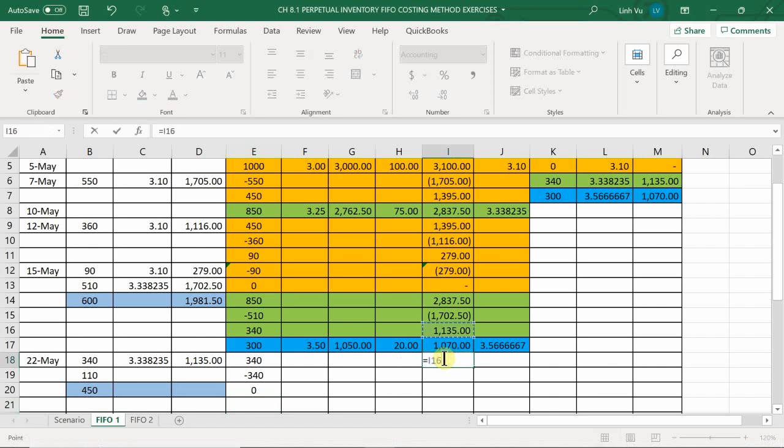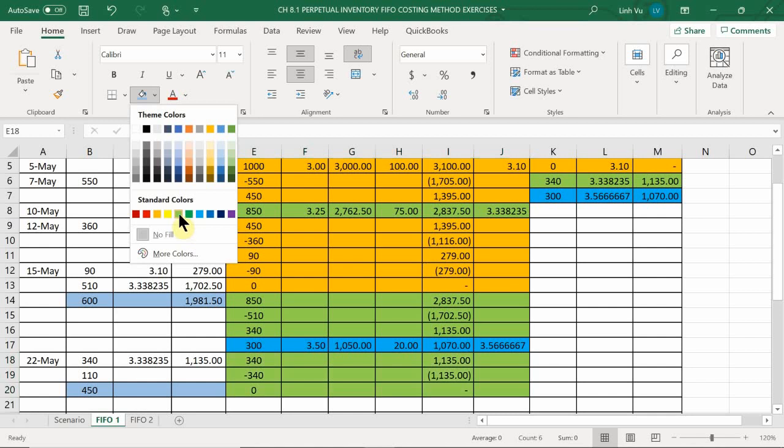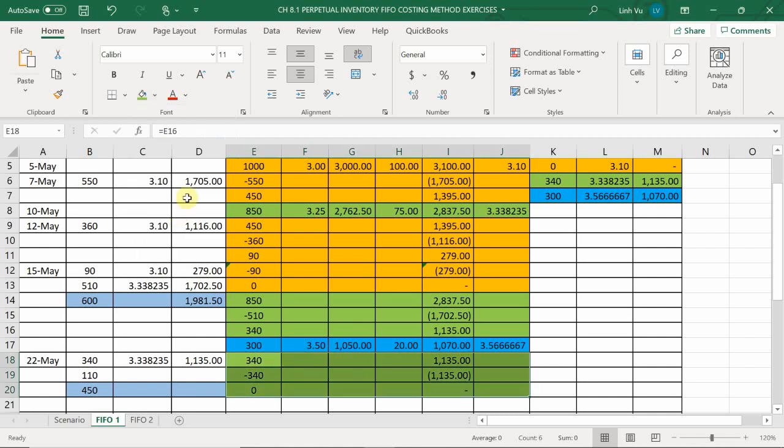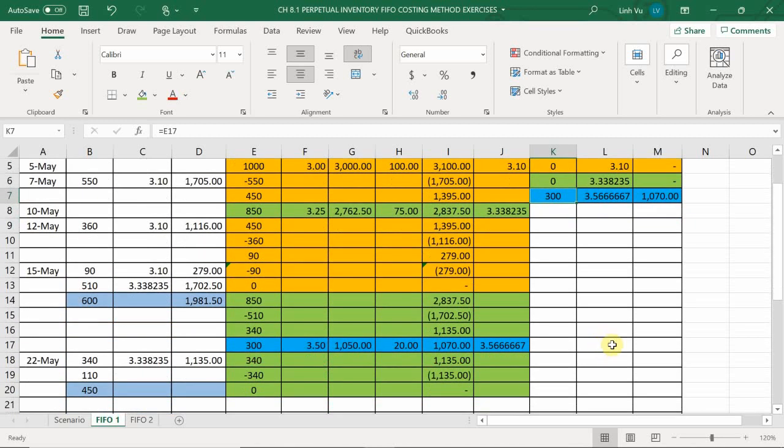My 1135 minus 1135 gives me 0. I'm going to refer to this batch as the green batch because that is what we eliminated. So I'm going to come up to my inventory on hand and get rid of the whole batch, just like that. Now I only have my blue batch.